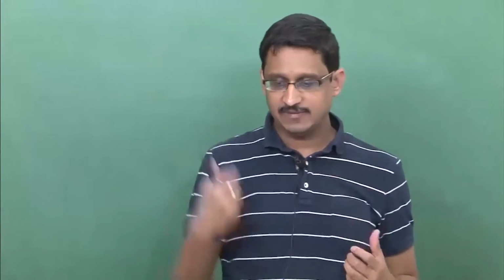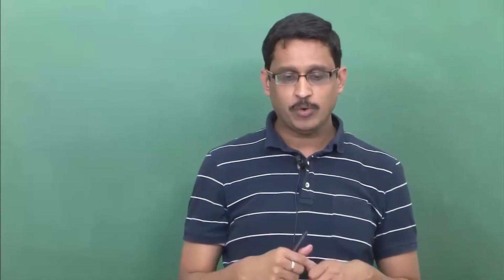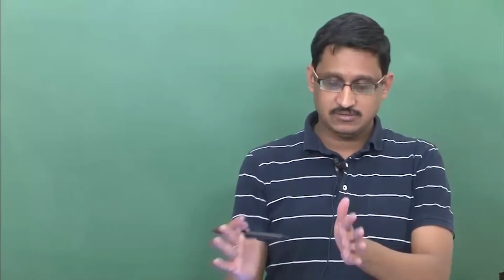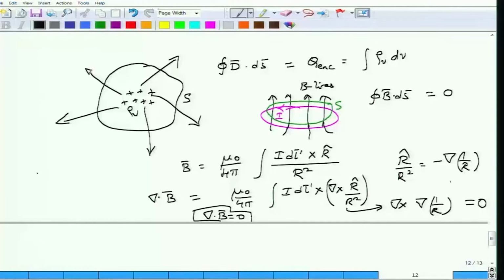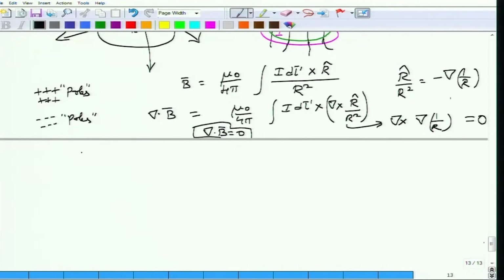This indicates that there is no possibility of positive or negative poles of a magnet, just like positive or negative charges. So this statement is sometimes indicated as magnetic monopoles do not exist.